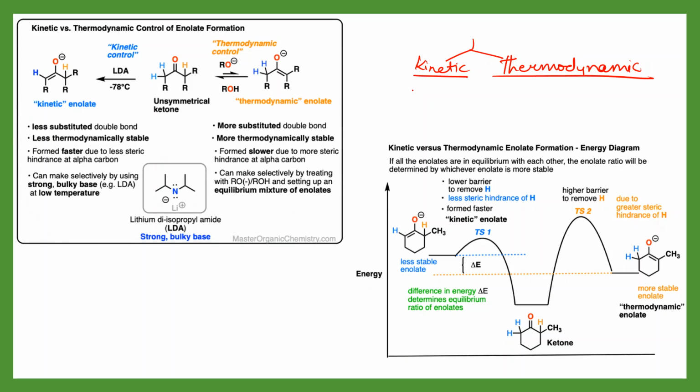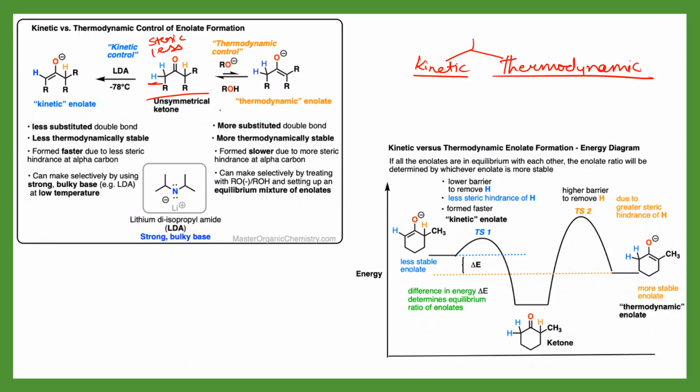Kinetic is instant. So if we look at this unsymmetrical ketone, we can see that on the left side, or blue side, steric hindrance is less. So obviously a bulky base like diisopropylamide is going to abstract a proton from this side. Therefore, the kinetic enolate has been formed.